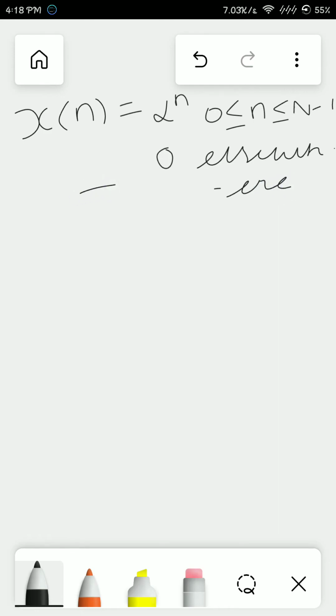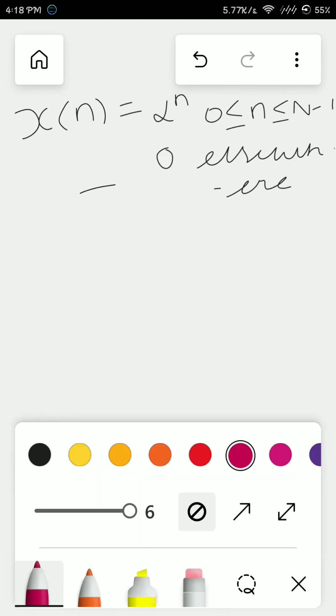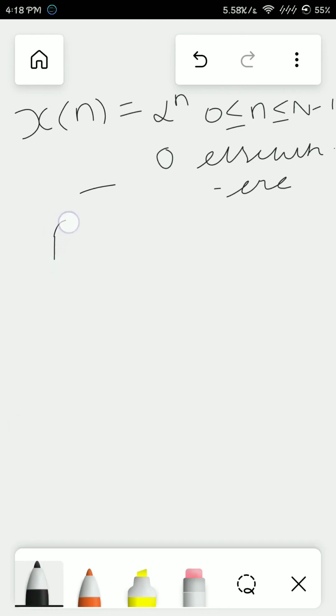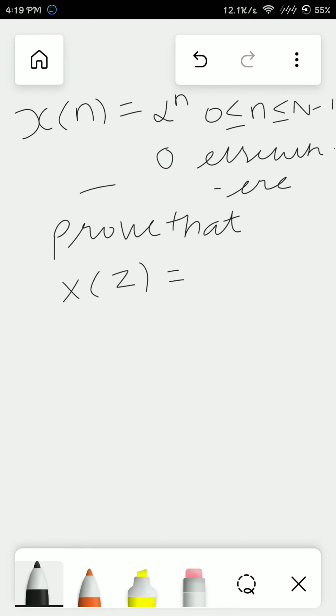So for this given question, what I have to do is prove that X of z is equal to 1 minus alpha to the power of N, into z to the power of minus N, divided by 1 minus alpha z to the power of minus 1. So this is the question.